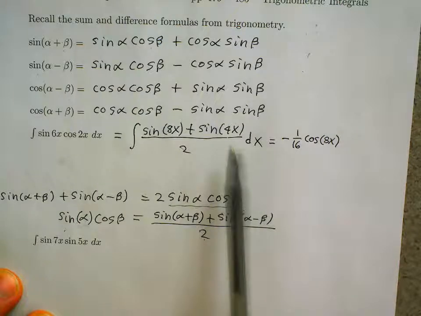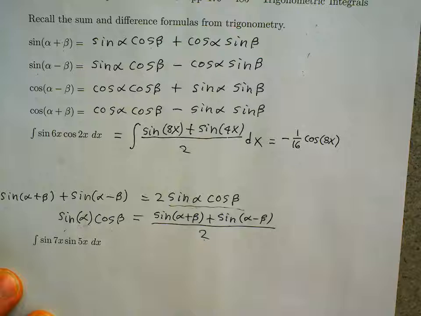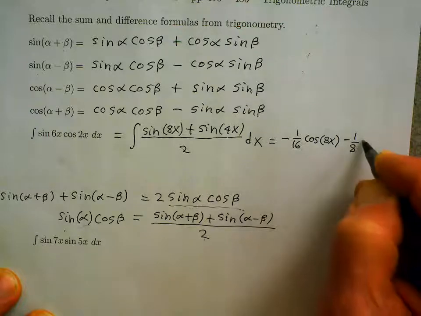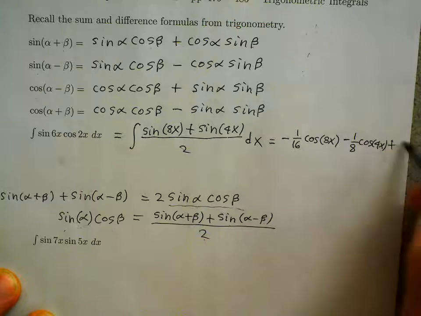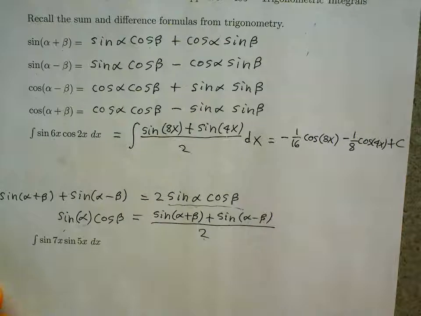And then an antiderivative of sine of 4x is negative 1/4 cosine of 4x. Multiply that by 1/2, we'll get minus 1/8 cosine of 4x. And then plus constant. Okay, so are we all in agreement about the outcome of that?